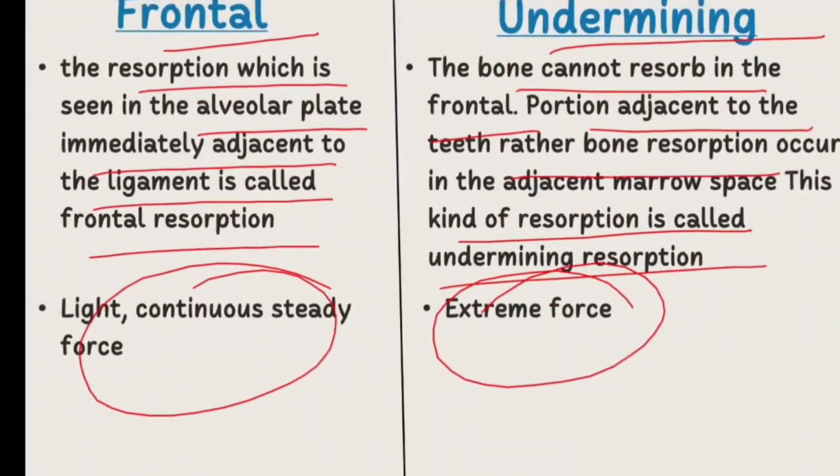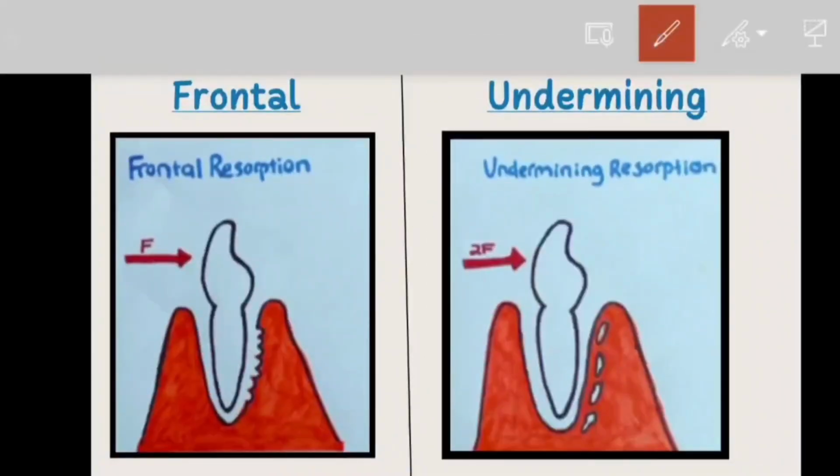Okay. Now you can see here a light orthodontic force is applied. This is how the osteoclasts act directly on the pressure side. The bone is removed exactly in front of the tooth. The key point is the bone resorption occurs directly adjacent to the periodontal ligament, so the movement is smooth and efficient.